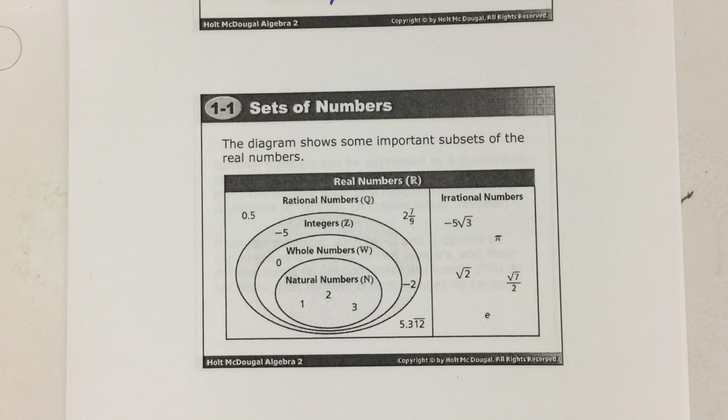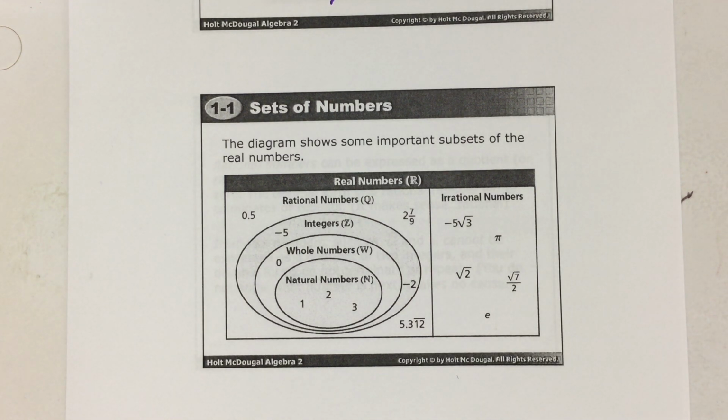If you have a normal conversation with a person, typically it makes sense. You know what you're talking about. It has an ending point to it. That would be rational. If you're looking at a rational number in decimal form, it either terminates, which means it stops, or it repeats.